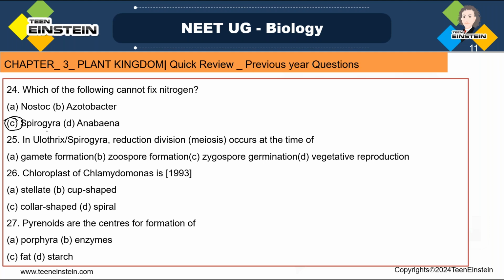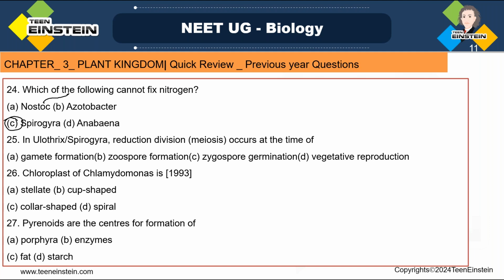Spirogyra is a green alga, which cannot fix atmospheric nitrogen. Only Nostoc, Anabaena and Acetobacter can. Nostoc and Anabaena are blue-green algae, and Acetobacter is a bacterium which can fix atmospheric nitrogen. So the one that cannot fix nitrogen is Spirogyra.